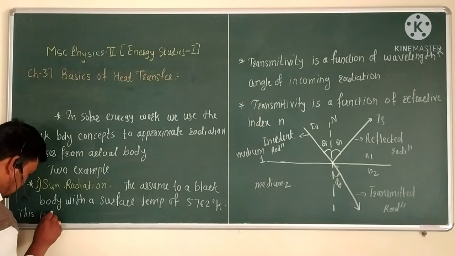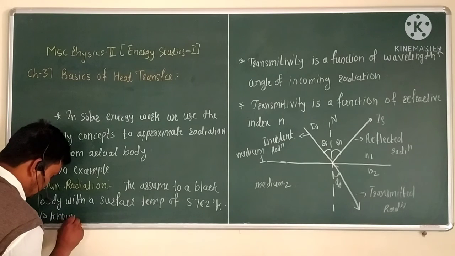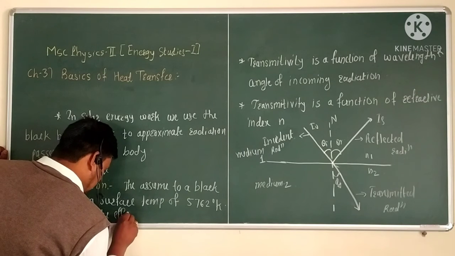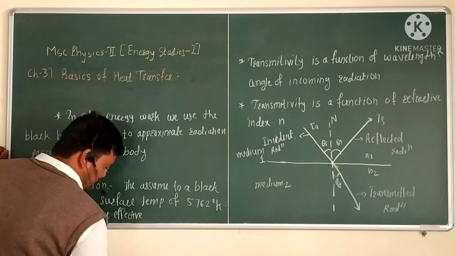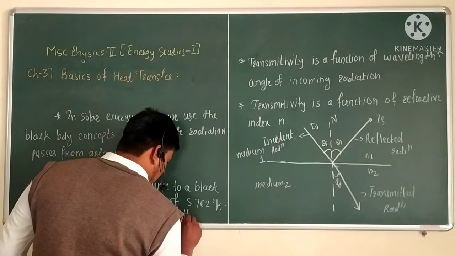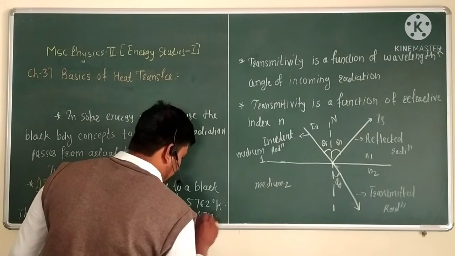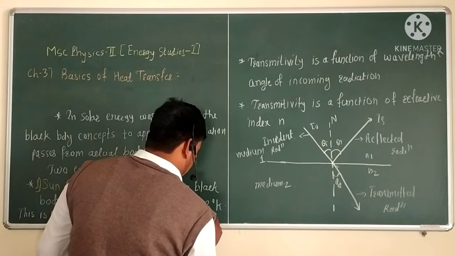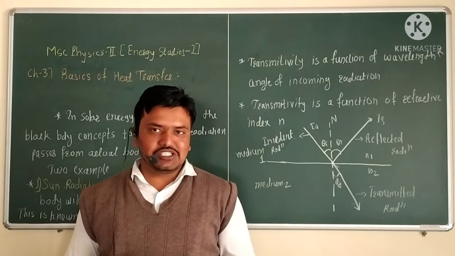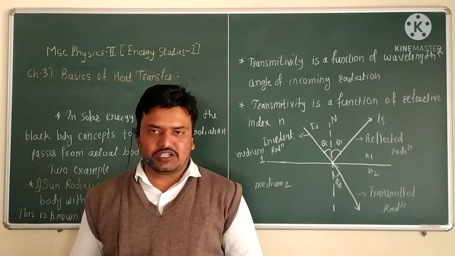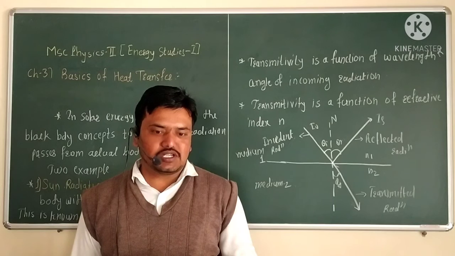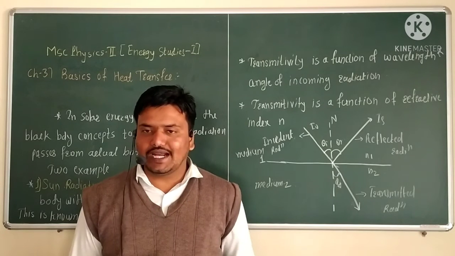This temperature is then used to get the spectral distribution of the energy which is received from the sun by the earth outside the atmosphere.